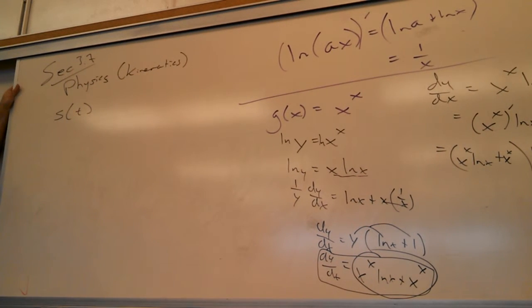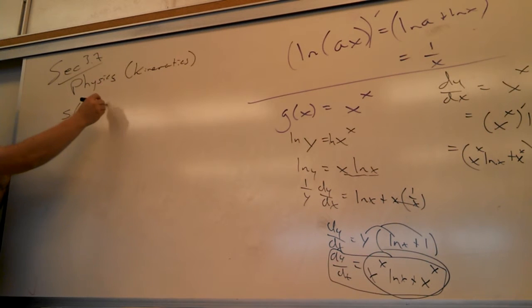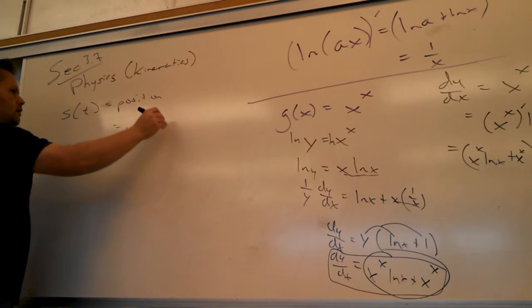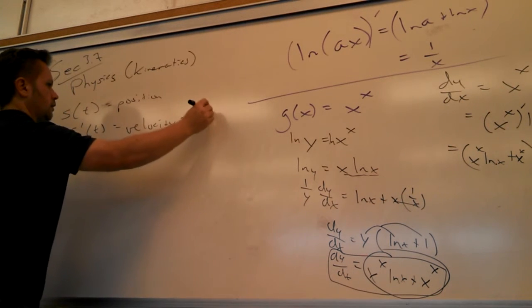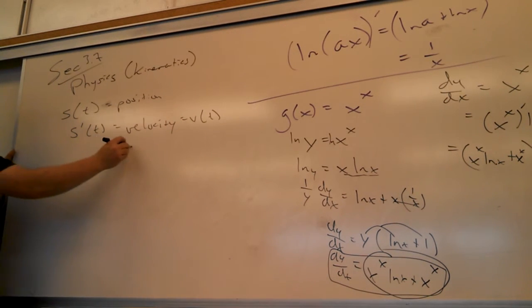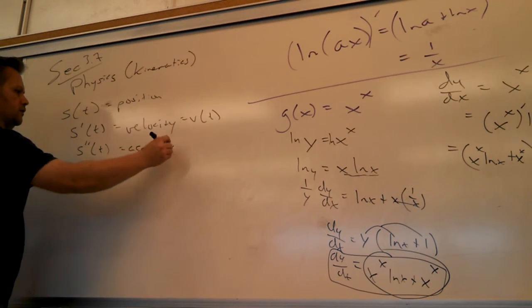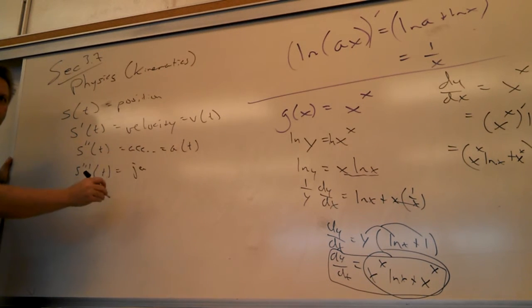So if this is my position, what's my velocity? Good, so S prime of t equals v of t. And how do we get acceleration? That's S double prime of t, that'll be the acceleration. And I think I told you guys what the triple derivative was. Do you remember? What'd you call it?